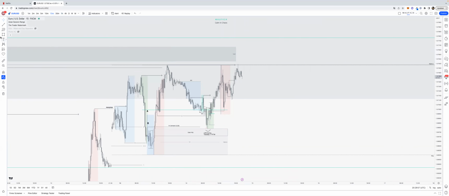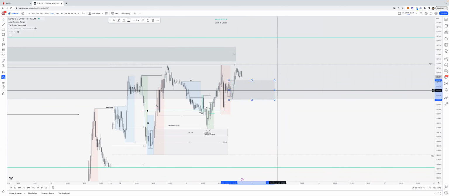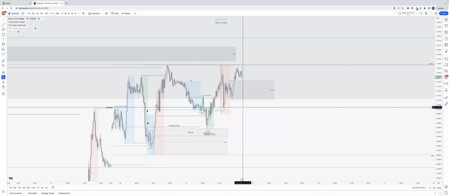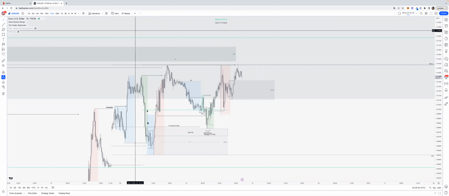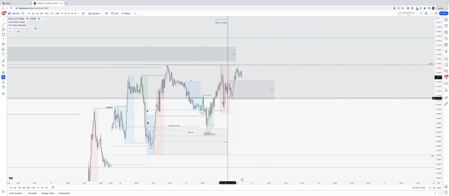So yeah, then this would be our supply zone or demand zone, sorry, 15 minute D. And yeah, that's for tonight, probably tomorrow, maybe. Also got a 15-minute PY over here.